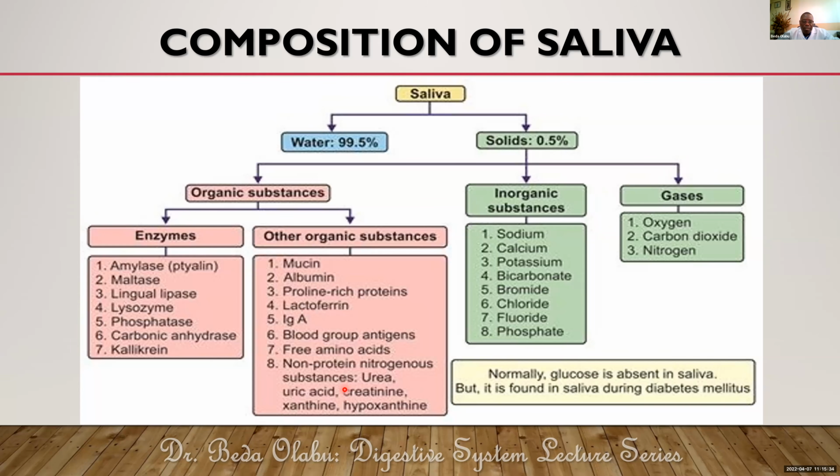So in a nutshell, the saliva contains many things. If you look at that list, glucose is not in that list. We don't expect glucose to be in saliva, but if somebody is diabetic, they have high levels of glucose in the circulation, then we'll expect salivary glands to also excrete glucose.